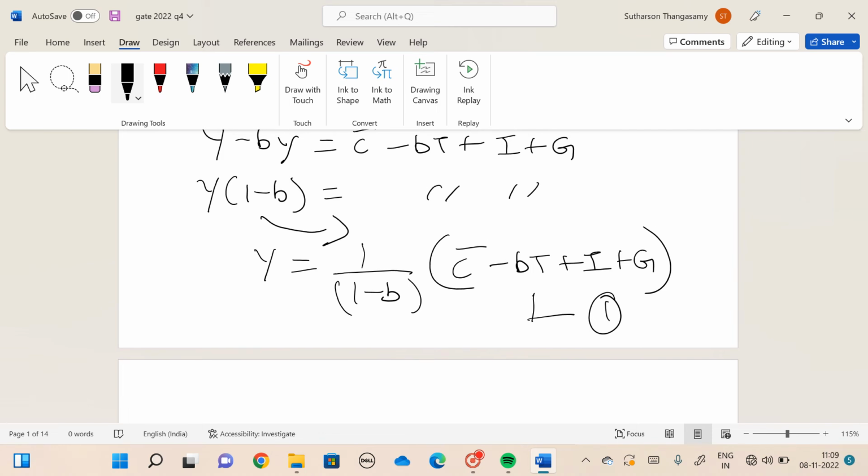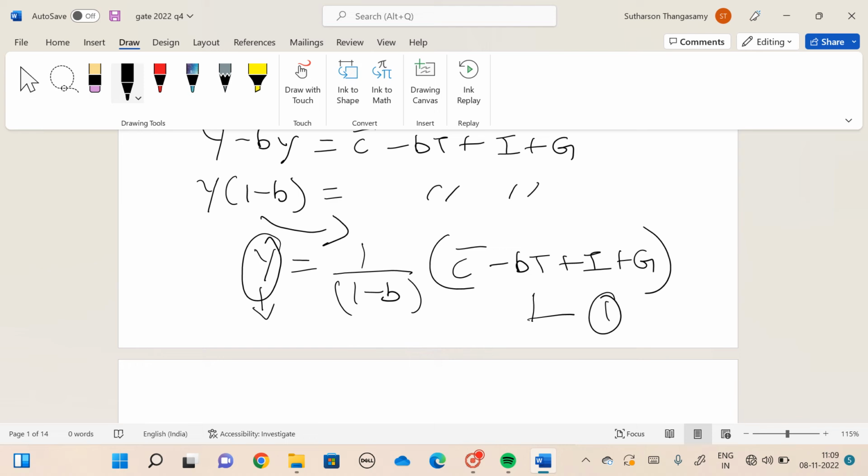In this equation, the variables in the bracket, that is C bar minus bT plus I plus G, are known as autonomous variables. Why are these terms known as autonomous variables? Because these are determined completely outside the model. That is, their values are not influenced by the dependent variable income. You can see that tax and government expenditure are determined by the government.